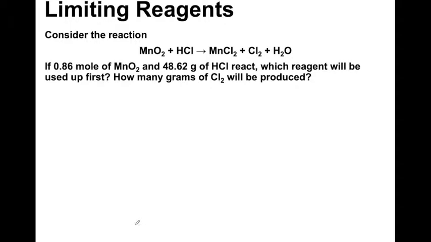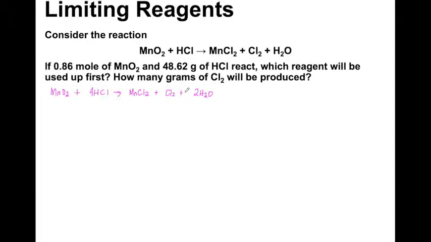You can check this on your own, but I already balanced it. So it's manganese dioxide plus 4 hydrochloric acid forming manganese chloride plus chlorine plus 2 water. Now we need to determine which is the limiting reagent because the limiting reagent will be our basis to compute the amount of product that is produced in the reaction.